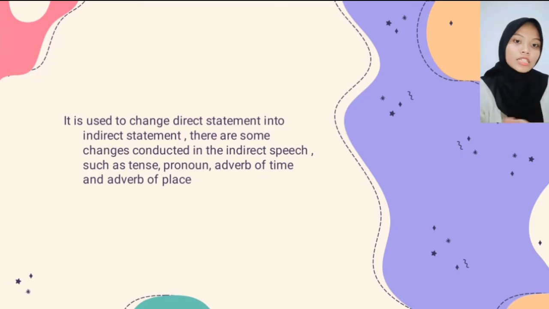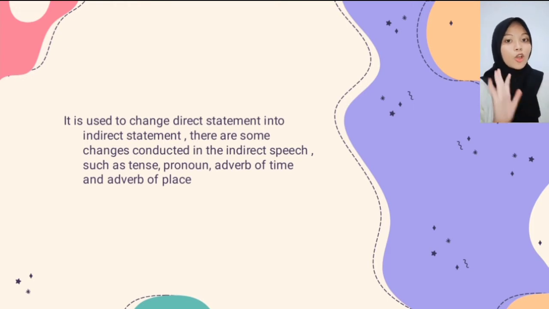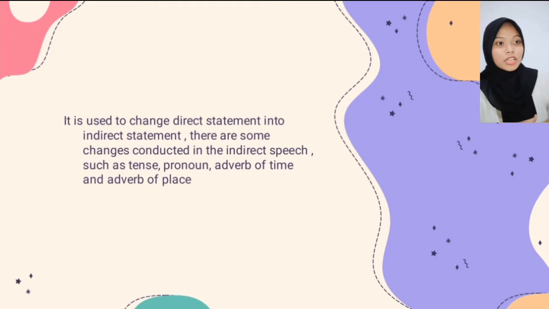There are some changes conducted in the indirect speech such as tense, pronoun, adverb of time, and adverb of place. So, reported speech statement is used to change a direct statement into an indirect statement. It uses that as a connection between the introductory clause and the main clause.